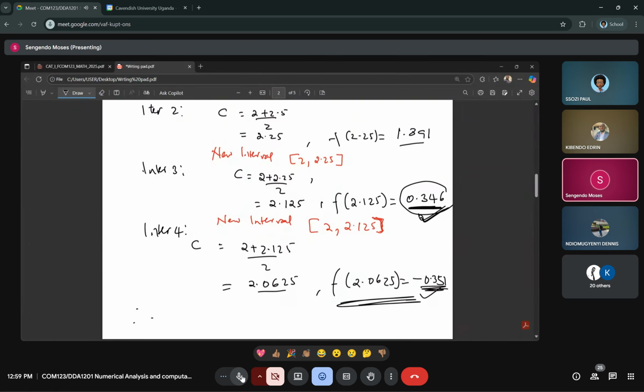So we are going to conclude that the interval is 2 and 2.125, the lower one, the one before, because the function attained a value close to 0 first on iteration 3 as compared to iteration 4. Iteration 4 is going beyond the root.